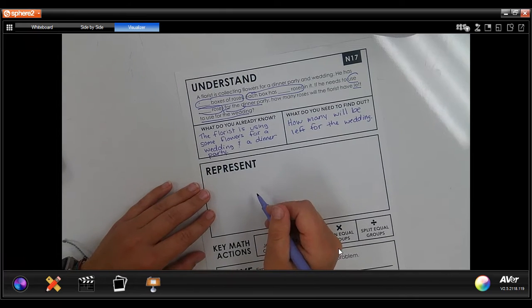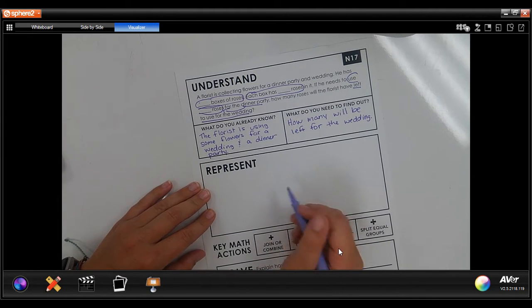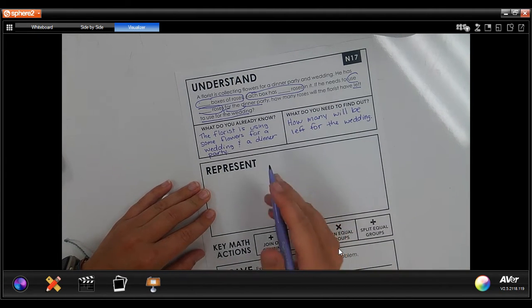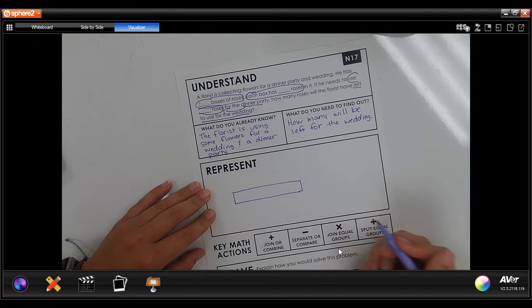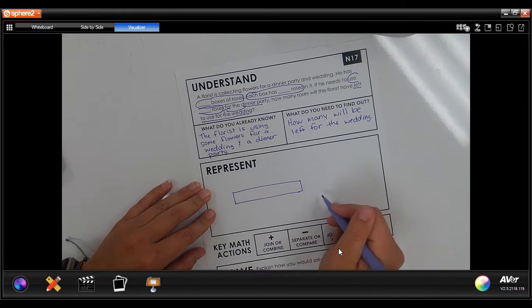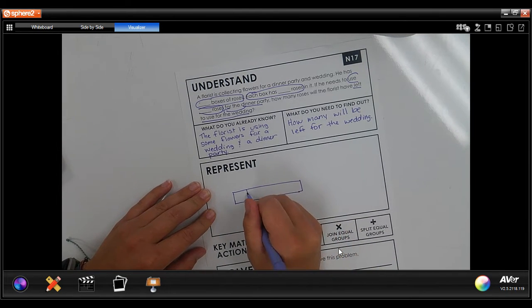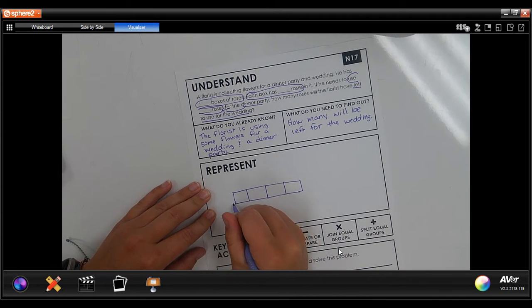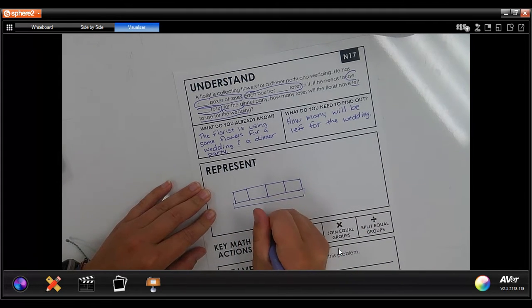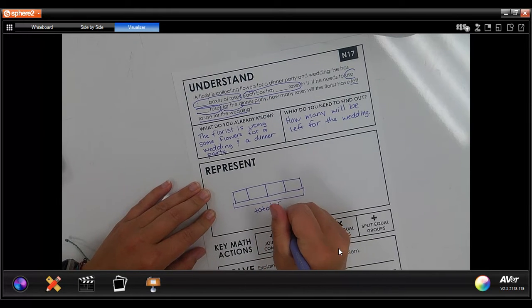Now our representation is going to be just a picture for now. So we're going to draw some type of picture that shows this. I'm going to stick with my tape diagram and draw a rectangle. This will represent all of the roses. Then I'm going to break it up into some boxes. So this will be total flowers.